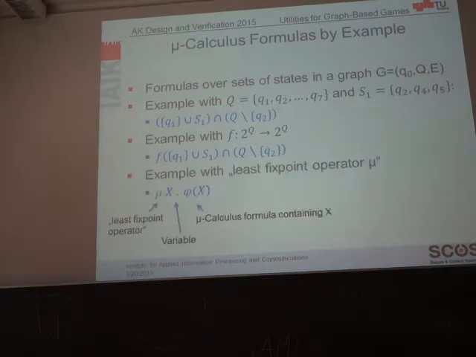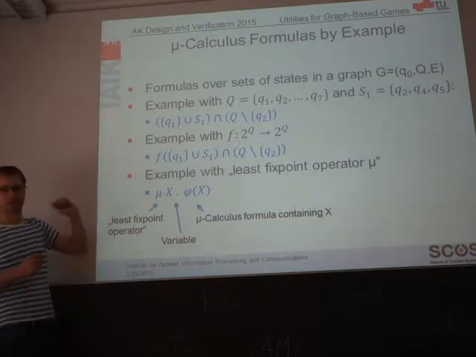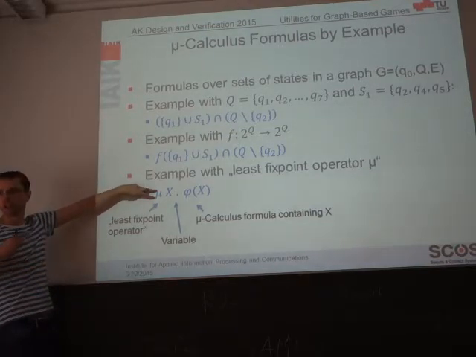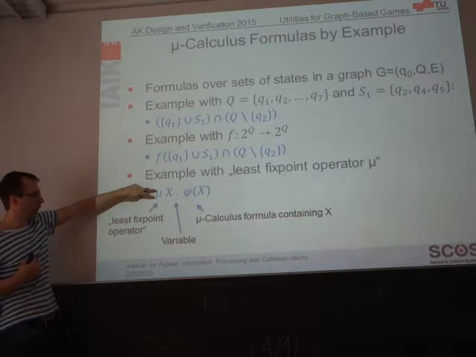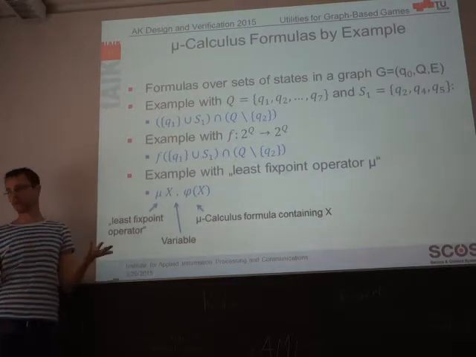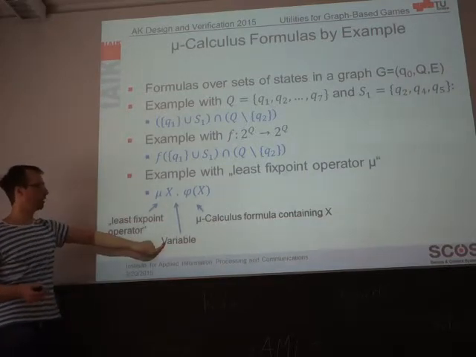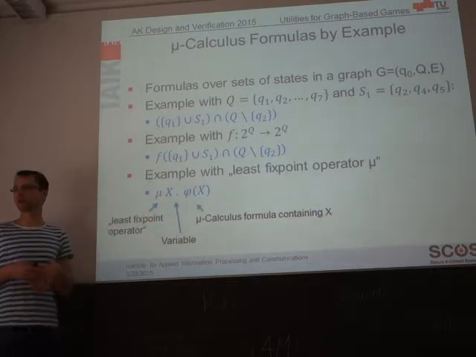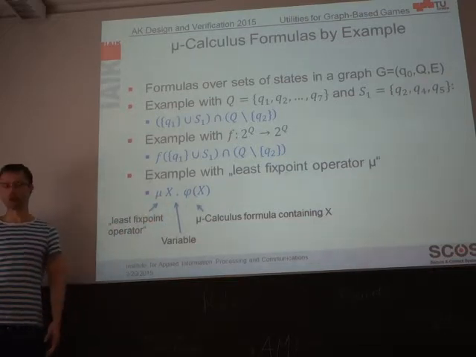The next thing we allow in such mu-calculus formulas are least fixed point operators, which we write with a mu. A mu-calculus formula containing a least fixed point always looks like this. We have this mu, indicating that this is a least fixed point. Then we have a certain variable, which is named x here, and this variable also represents a certain set of states.